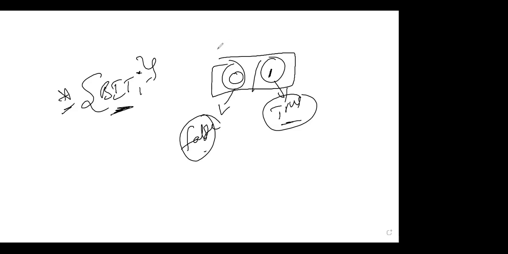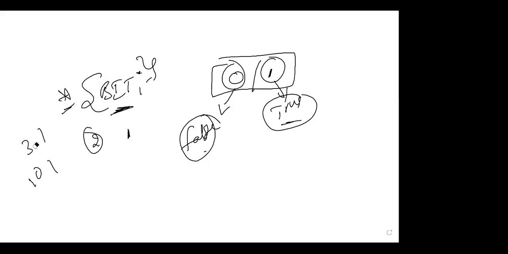Other than that, it will not store anything. If you try to store 2, it will store it as 1 only. With 3 or 10 also, it stores 1, because it can store either 0 or 1.